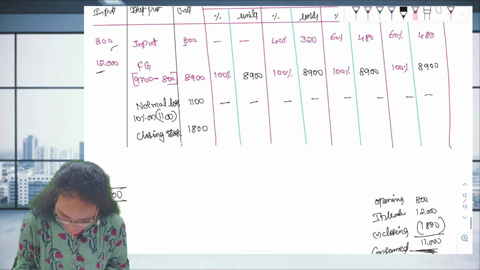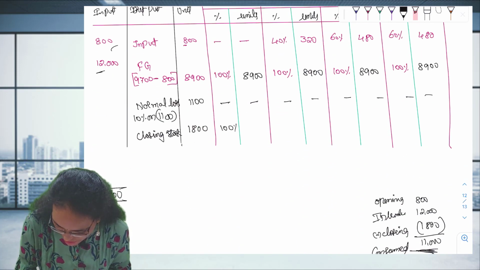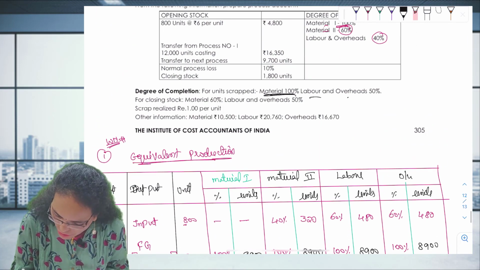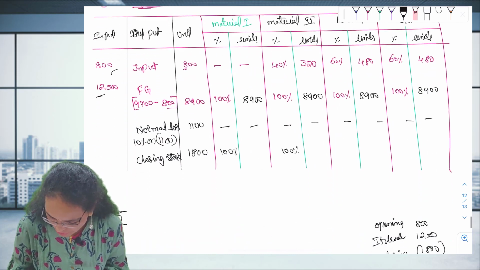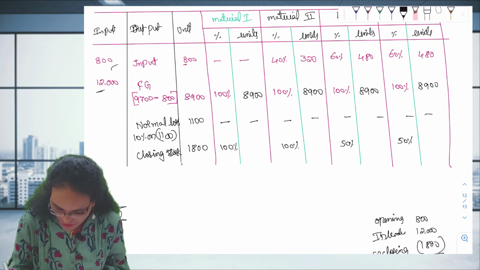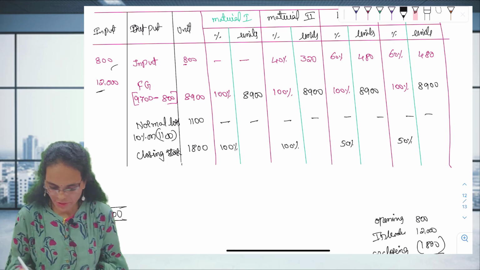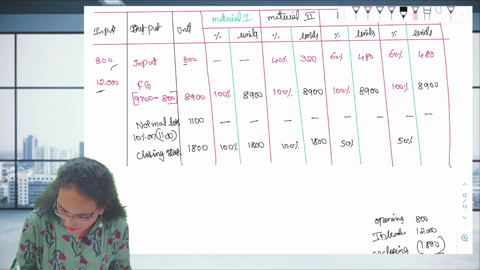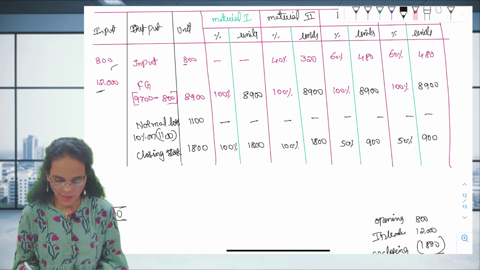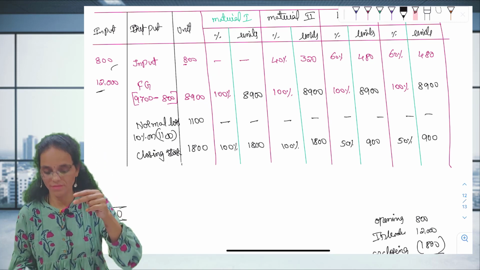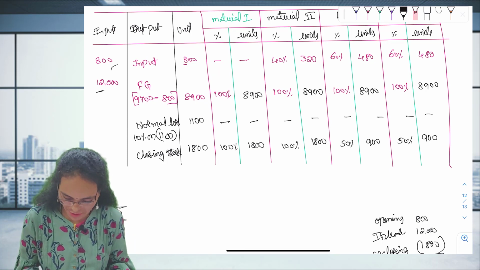So 100% material here, and labor and overhead 50%, 50%. So 1,800 into 100% is nothing but 1,800. Here also 1,800. Here 900. Here 900. Right. So we have 200 units less if you do the balancing figure.